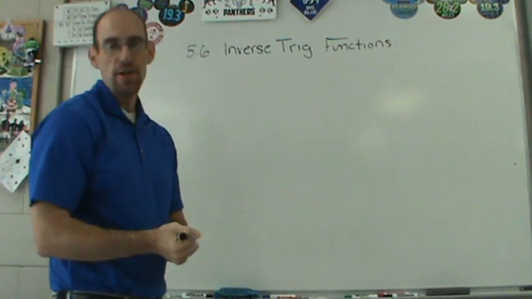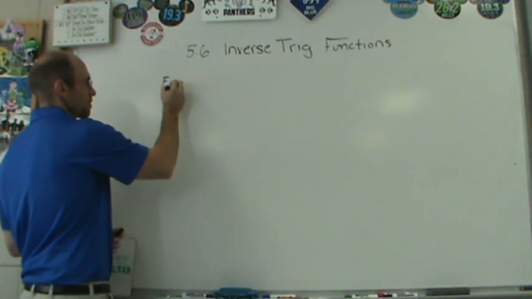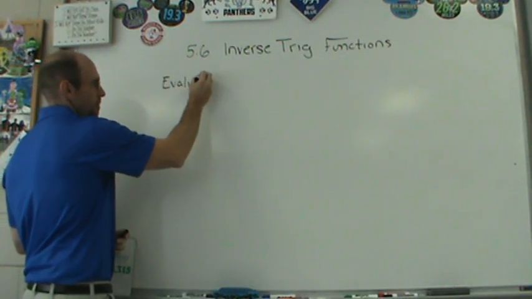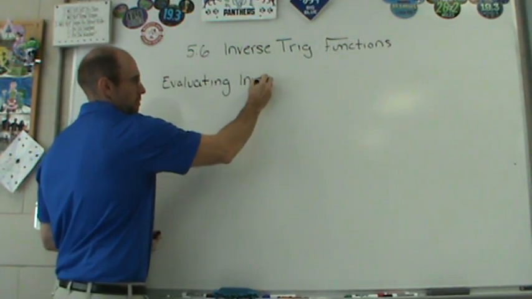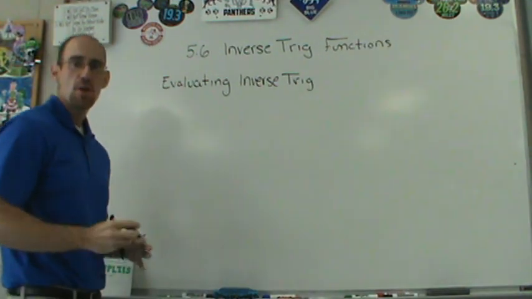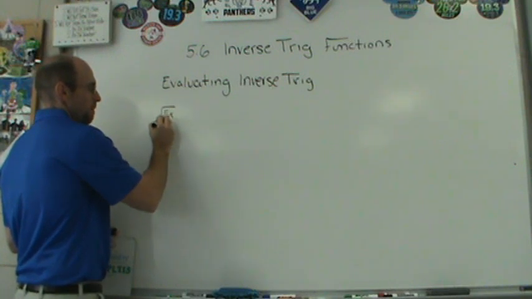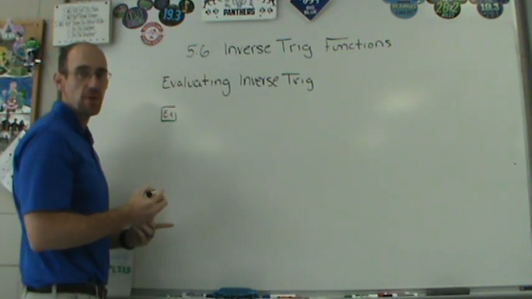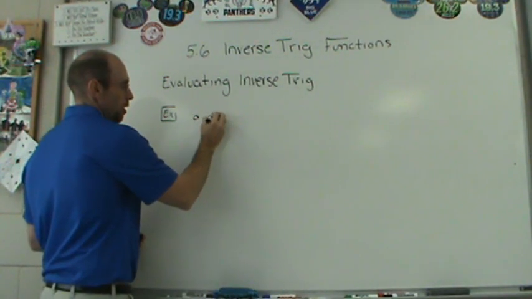So let's talk about evaluating some of these. When we're evaluating inverse trigs, we have to think about what range of values we can get out of this. So let's start off with arc sine.